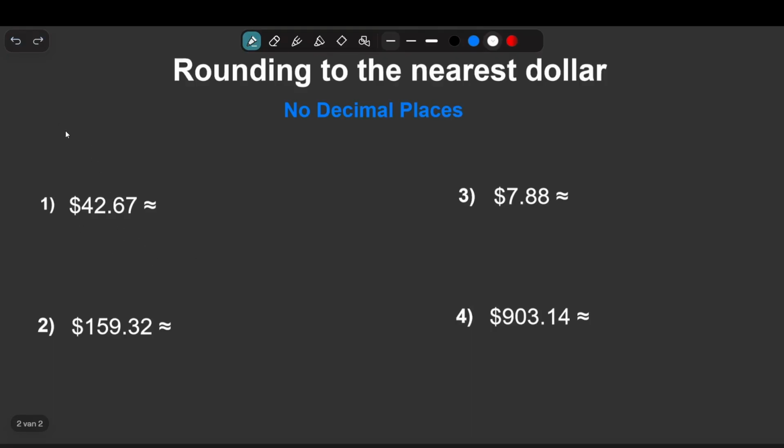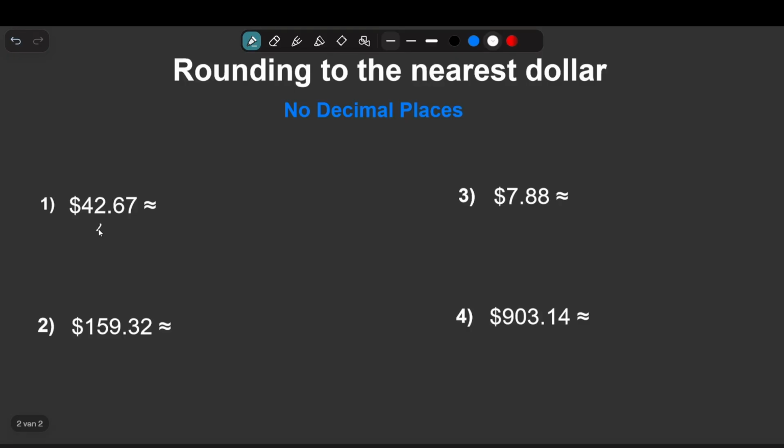So for example, if we have $1.80 and we round to the nearest dollar, this would be $2. We're just trying to get rid of the decimals to round up or down to the nearest dollar. We do this by rounding to the ones place.